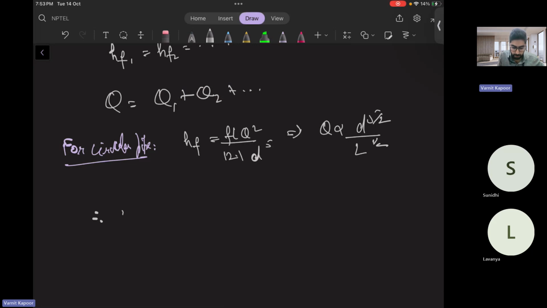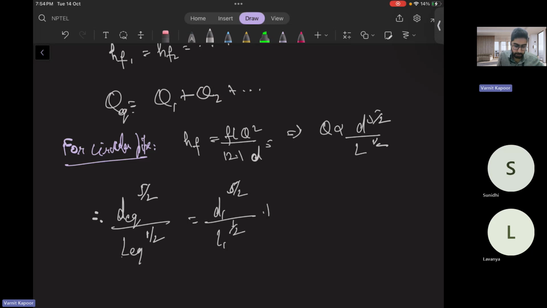Therefore, D equivalent to the power of 5 by 2 upon L equivalent to the power of 1 by 2 is equal to d1 power 5 by 2 over L1 power 1 by 2, plus d2 power 5 by 2 over L2 power 1 by 2, and so on.